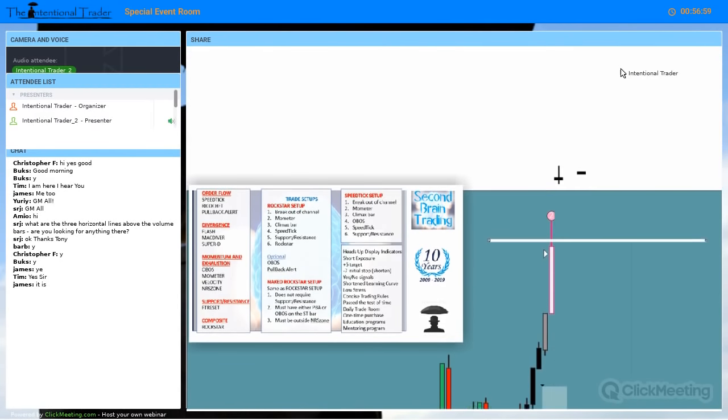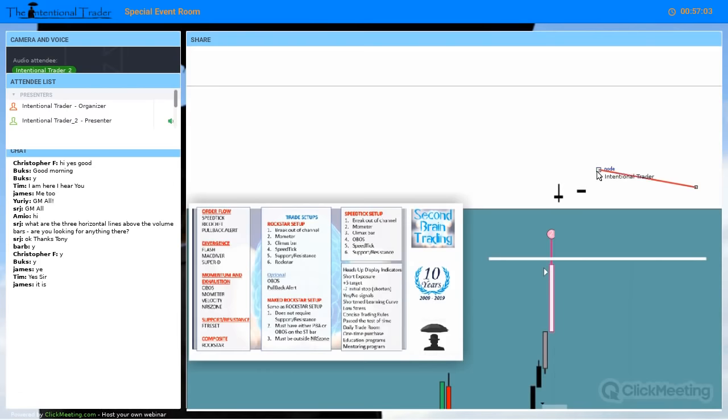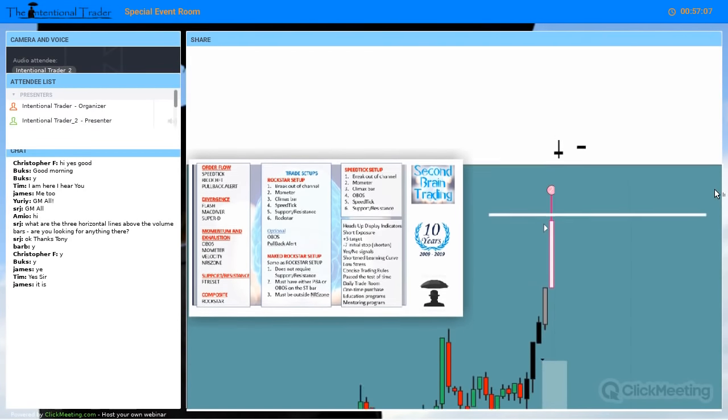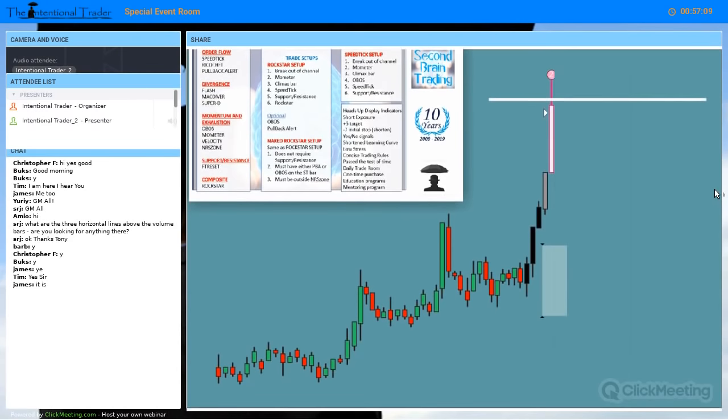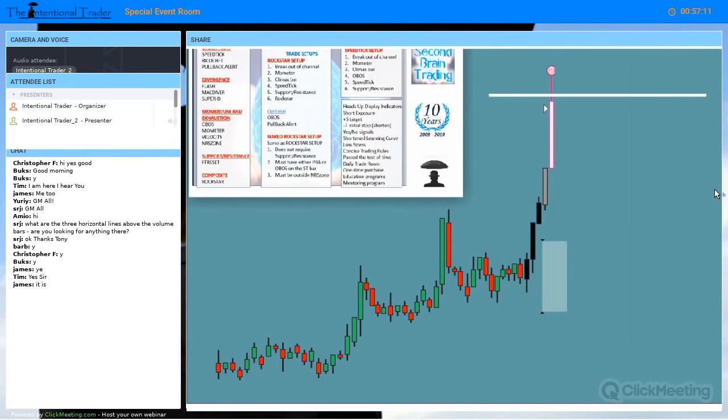So what we want to see now is that price has hit an area of resistance with all of this confluence.